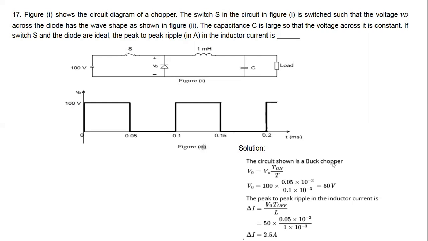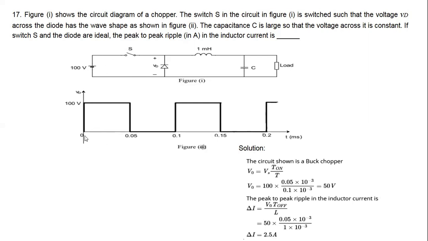We know that for a buck converter, V0 equals Vs into T on by T. Vs is given as 100 volts. During the period T on, the diode will be in the off condition, so the diode voltage will be at the supply voltage.